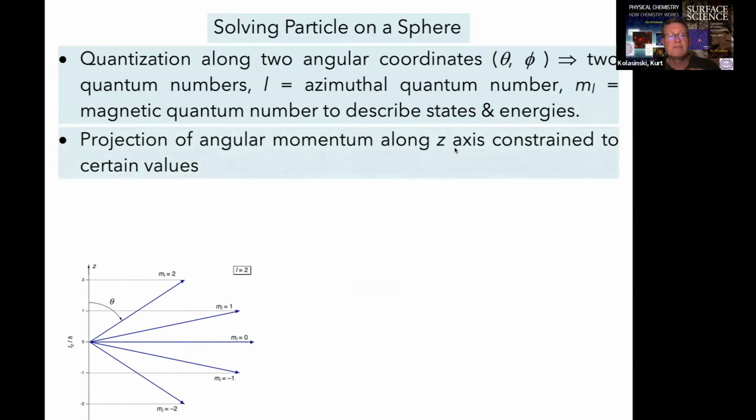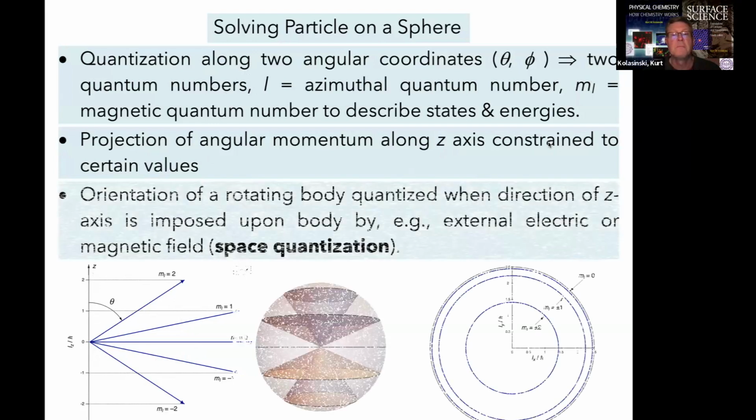So when you've got an angular momentum, it can't just point anywhere in space. Once you have a well-defined z-axis, it can only take on certain values, right? The z projection is defined. The length of the vector is well defined. That's related to L, and its projection onto the z-axis is well defined. That's related to m sub L. So one way to think about it is this precession model here, right?